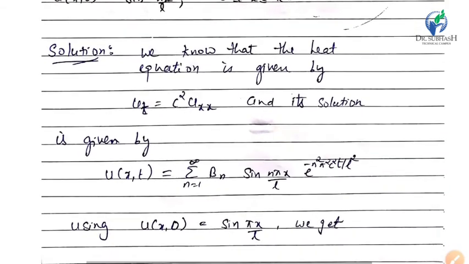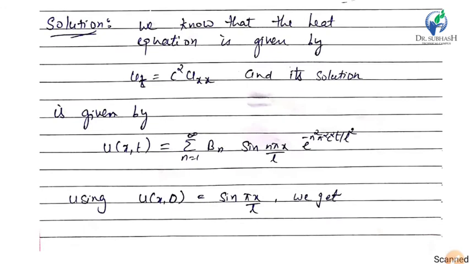Now we know that the heat equation is given by ut equal to c square uxx, and its solution is given by u of x,t equal to summation n equal to 1 to infinity bn sin n pi x upon L and the exponential term, that is e raised to minus n square pi square c square t by L square.